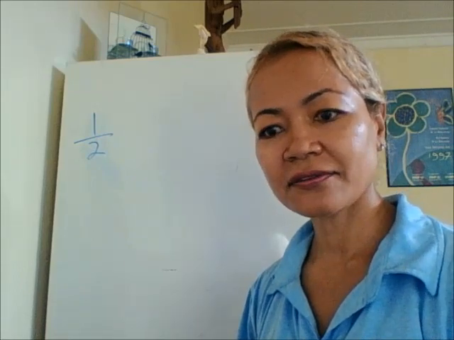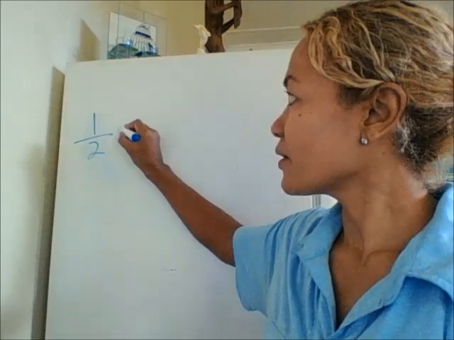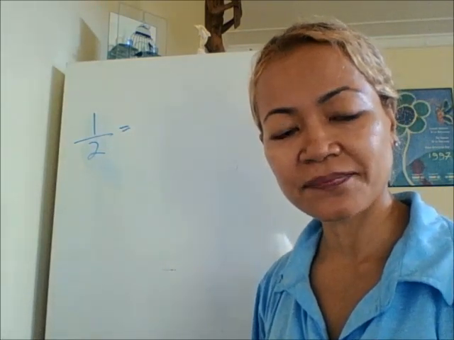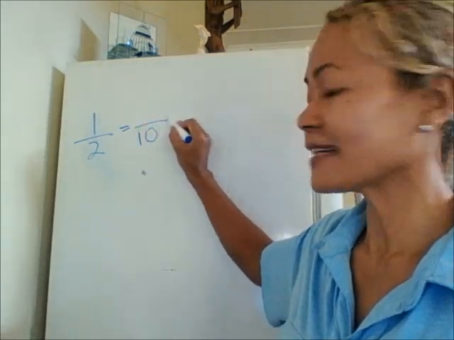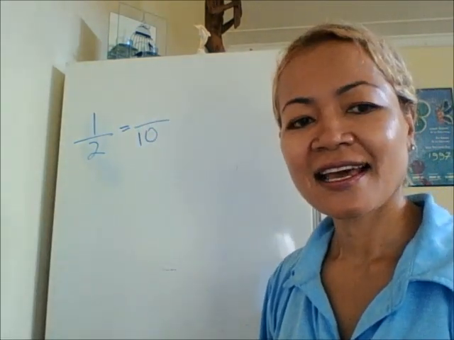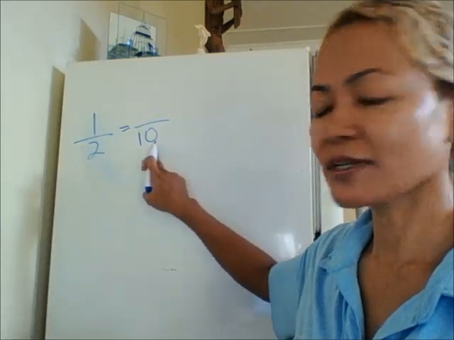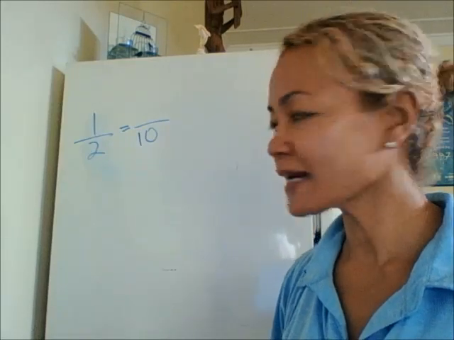So if we were to convert half to an equivalent fraction where the denominator is 10, then 2 to get to 10, what do you have to multiply 2 by?